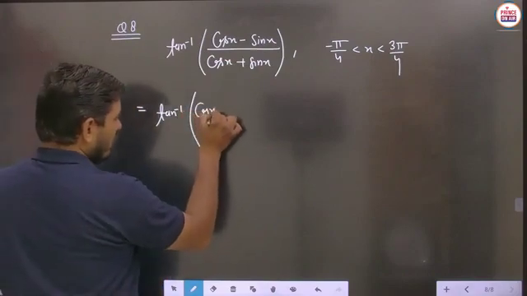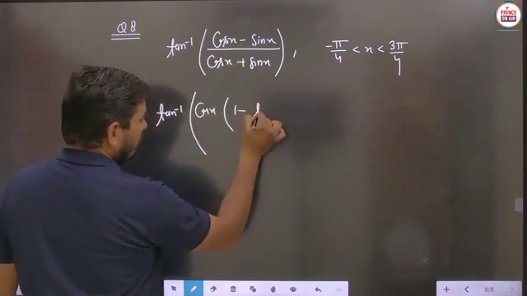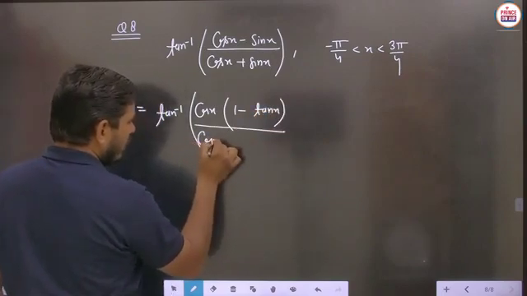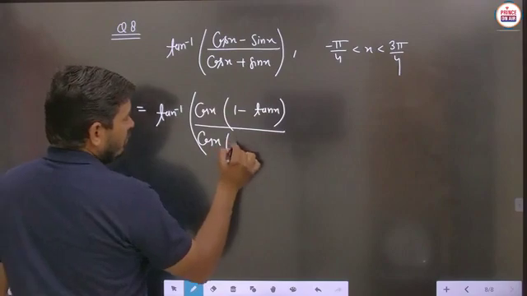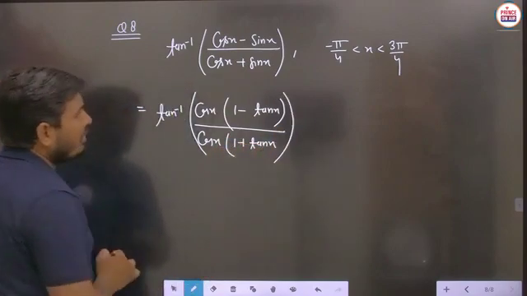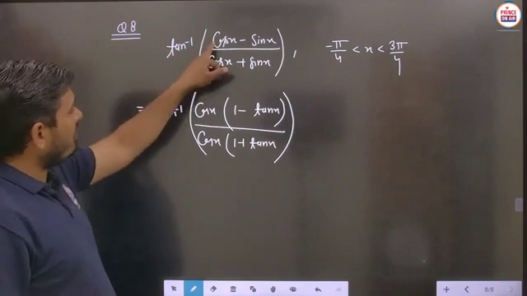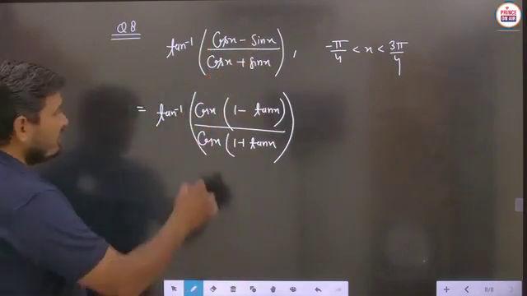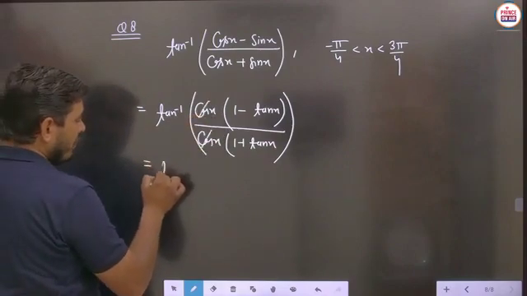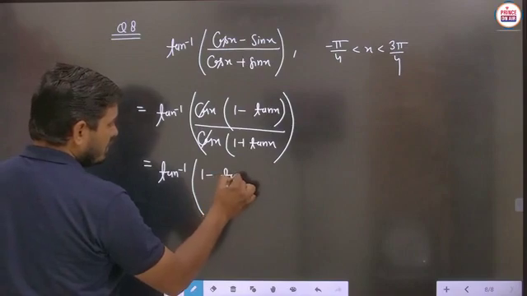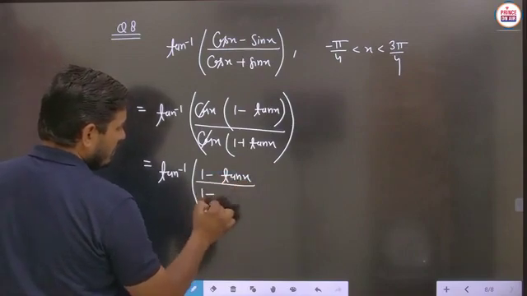Then the numerator becomes 1 minus tan x, and in the denominator cos x is common, so it will be 1 plus tan x. You know very well, because cos x is common, it will be 1, and sin x upon cos x will become tan x. Now this cos will get cancelled out. Finally tan inverse of this will be 1 minus tan x divided by 1 plus tan x.